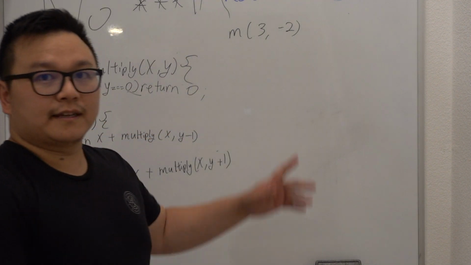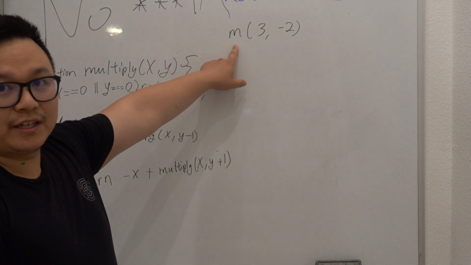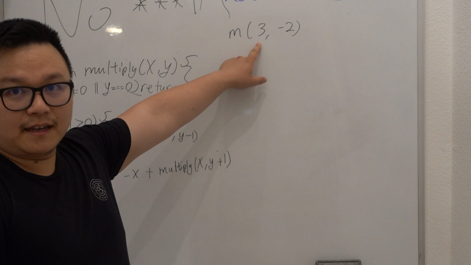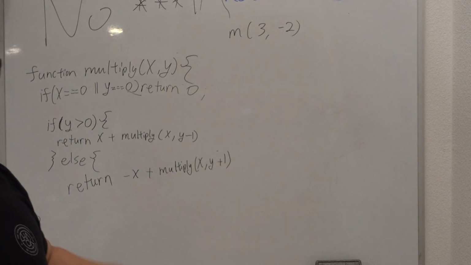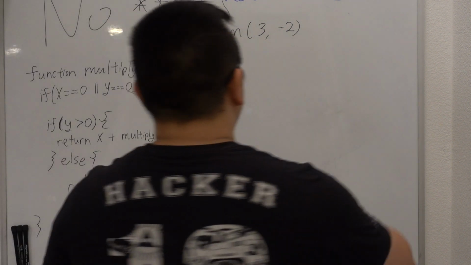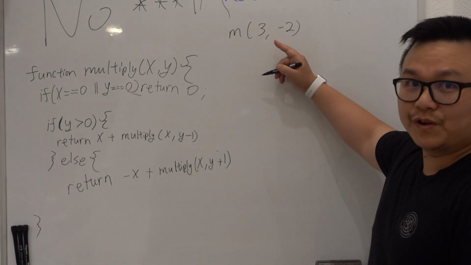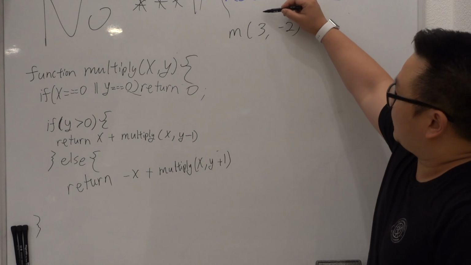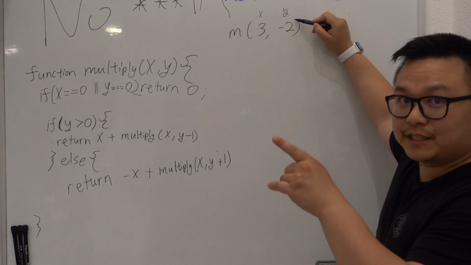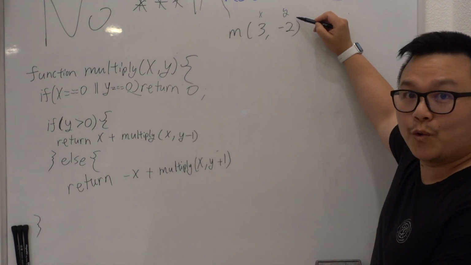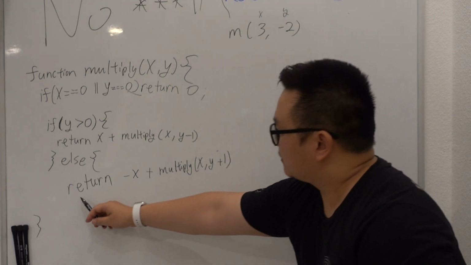Okay, so let's look at this example with the multiplication for 3 as x and negative 2 as y. What does it evaluate to? For this case, this is x, this is y, y is less than 0, so it's a negative number. So we will go to the else statement right here.